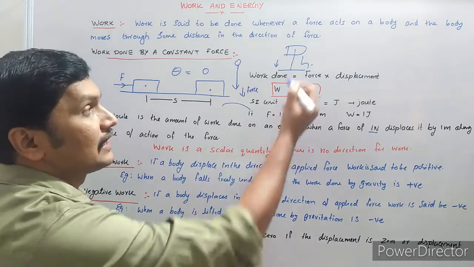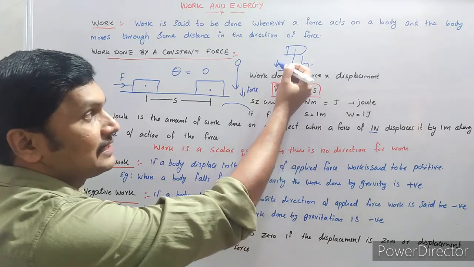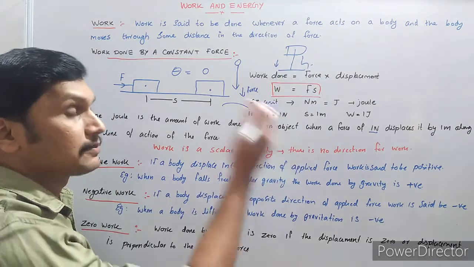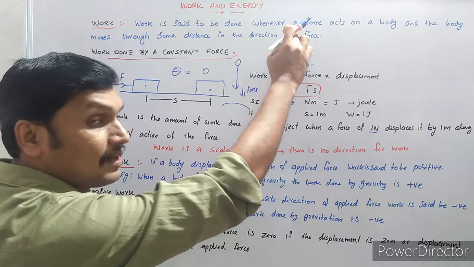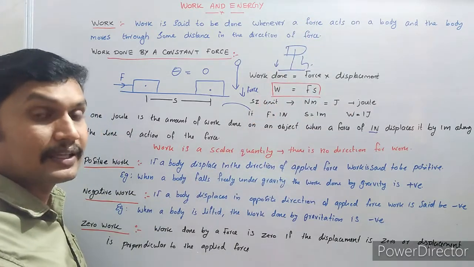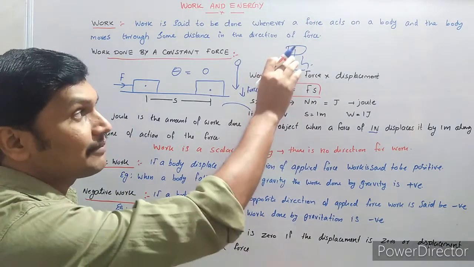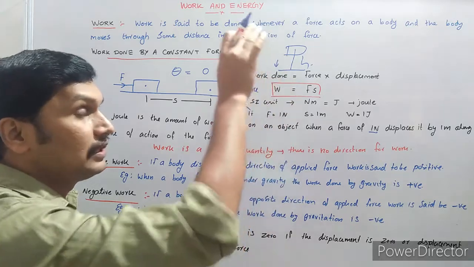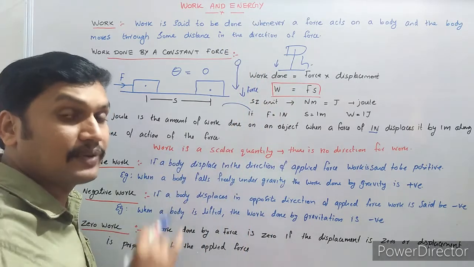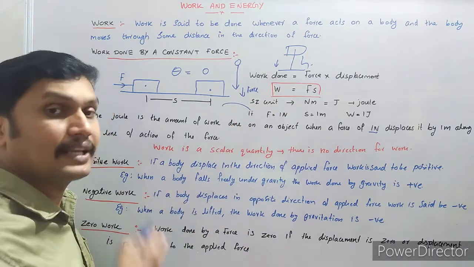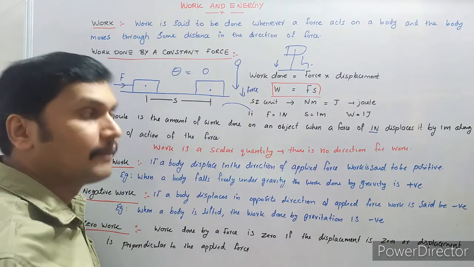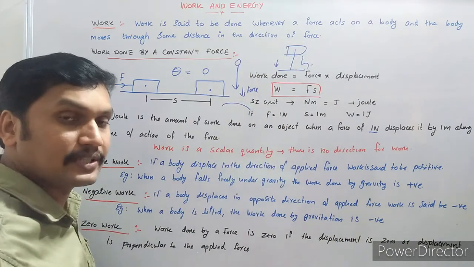The reason is that the gravitational force is acting in the opposite direction of the displacement. The object displaces opposite to the direction of gravitational force. So the work done by the gravitational force, once we are lifting an object above the surface of the earth, is negative, but the work done by the applied force is positive.